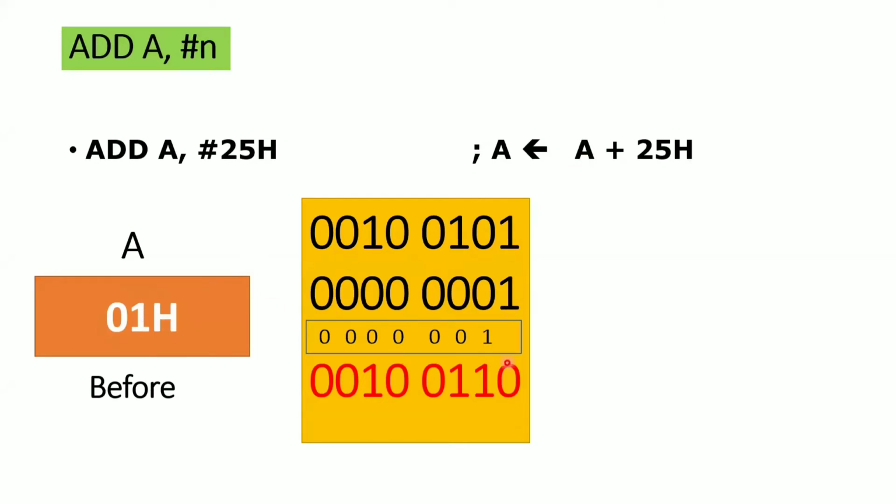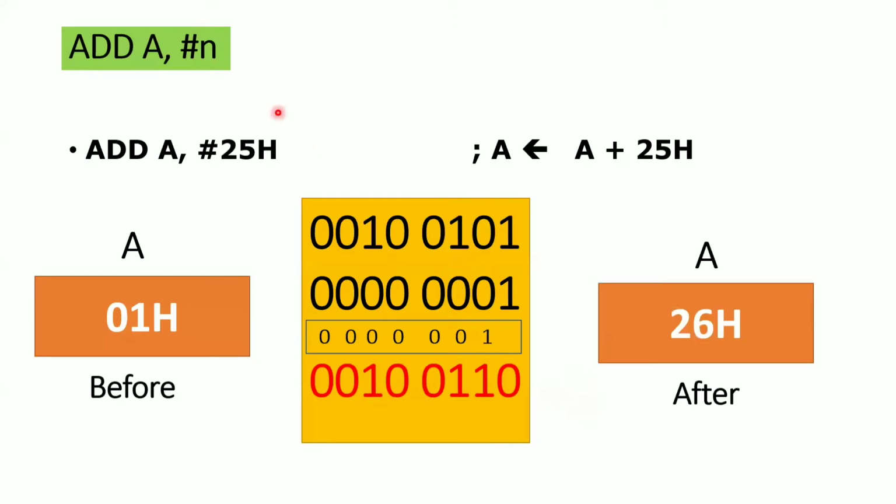Now perform the addition. 1 plus 1 gives sum 0 and carry 1. I'm sure you know the addition operation in binary. Then 1 plus 0 plus 0, you will get 1, and similarly you will get the result. What is the value now? 26. So the A register will consist of 26h now, right?